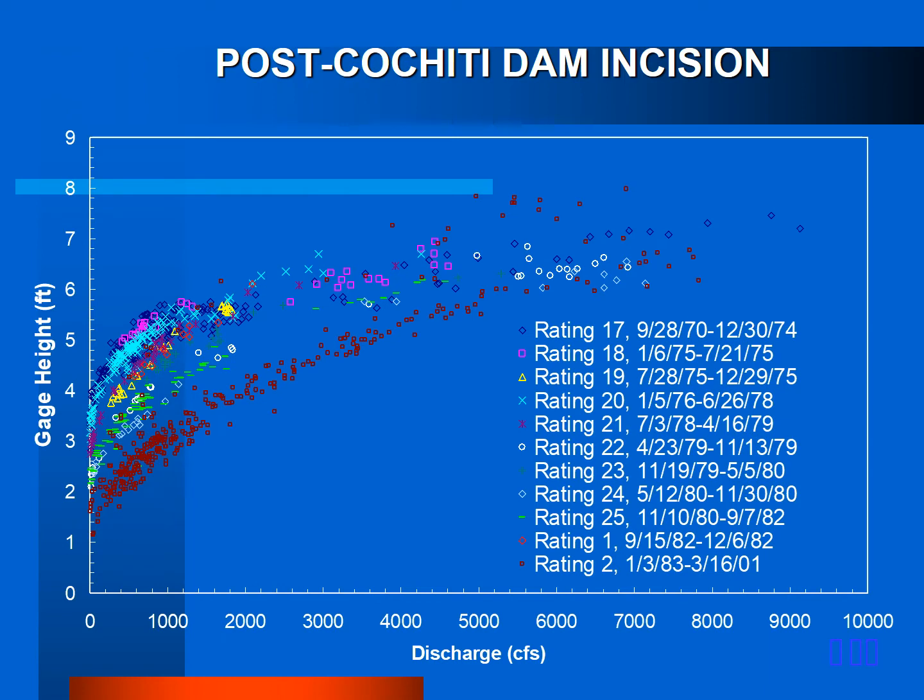Okay, the dam did something else too. It initiated an incision of the river. Basically, from Cochiti pretty much downstream, the river degraded. As an example of this, these are the stage rating curves at the Albuquerque gauge.